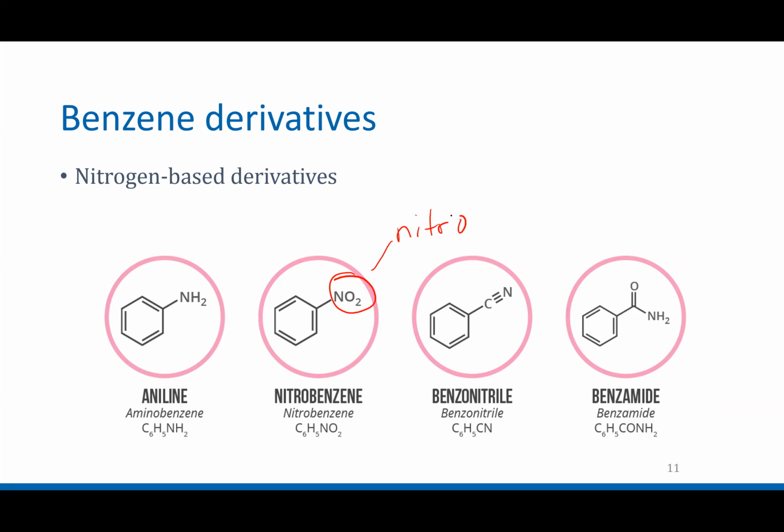We would call this nitrobenzene. This is a nitrile group here. If you had this on a benzene ring, it would be benzonitrile. And then if you had an amide, it would be called benzamide, or yeah, I mean, that's the common name and the systematic name.